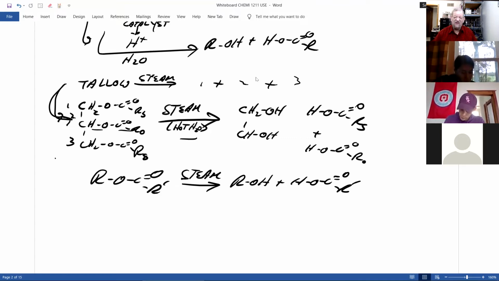If I ask you to draw the structure of oleic or stearic, then use carbon hydrogens. And finally, ester number 3, you get this alcohol, and notice this part will give you stearic acid. So if you want, you can put a 2 there. You don't really have to, because the 3 products are glycerin, stearic acid, oleic acid.